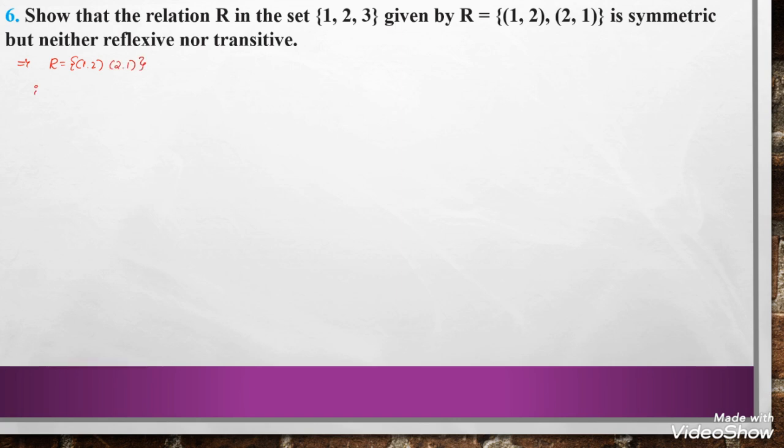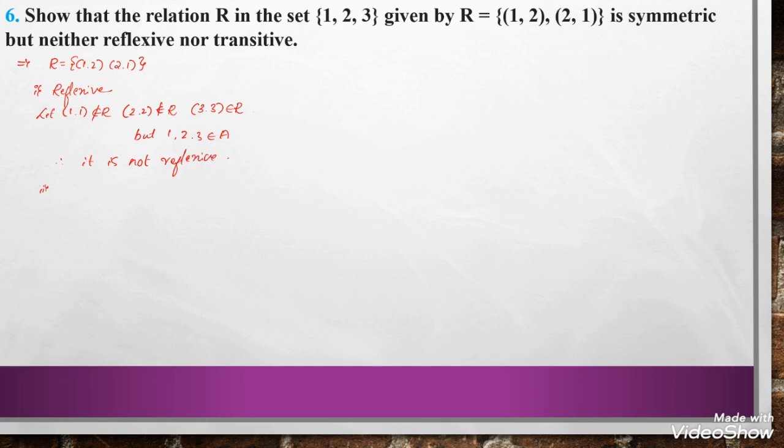Here, first the reflexive condition. (1, 1) does not belong to R, (2, 2) does not belong to R, (3, 3) does not belong to R, but 1, 2, 3 belong to the set A. Therefore, it is not reflexive.